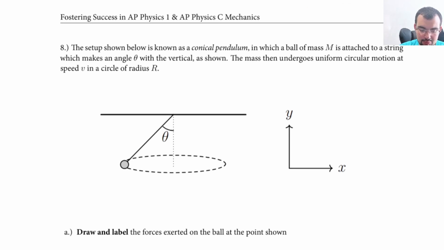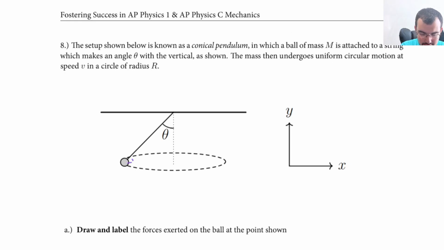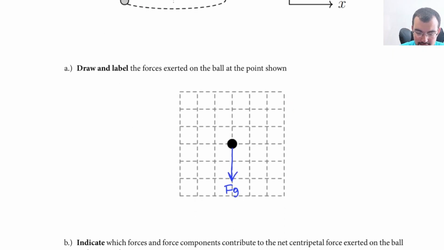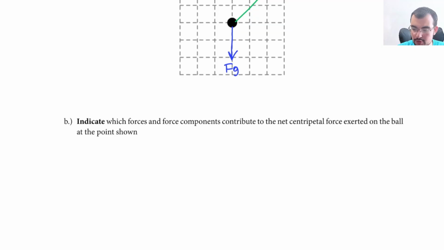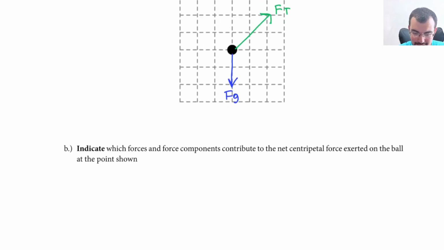And we do know that this ball is accelerating towards the center of the circle, right? So there should be a net force into the circle, but there shouldn't be a net force up or down. So part of the tension force will cancel the gravitational force, and the other part of tension force will supply the radial net force. So which forces or force components will contribute to the net centripetal force on the ball at that point?